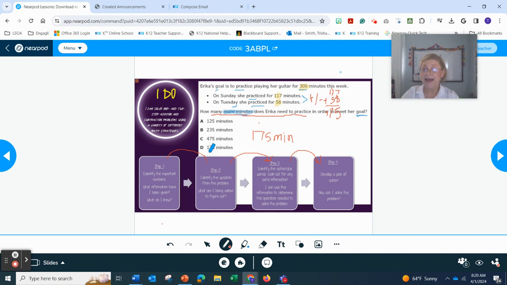There is that 175. How many more minutes? I need to keep going. How many more? That many more. We're comparing that 300 to the 175 that she's already practiced on Sunday and on Tuesday.